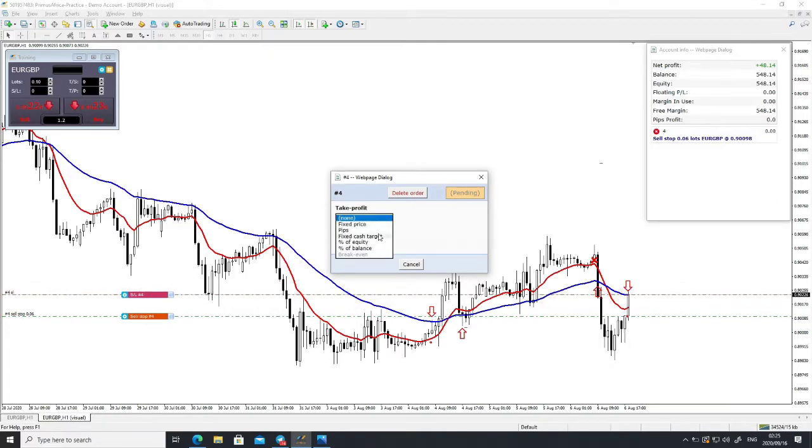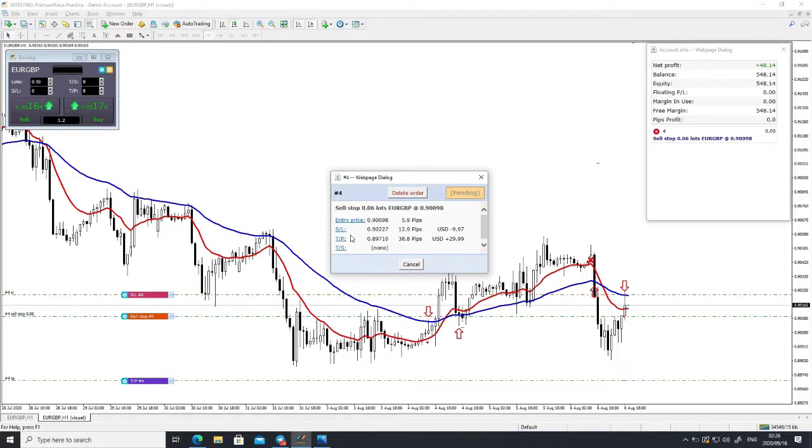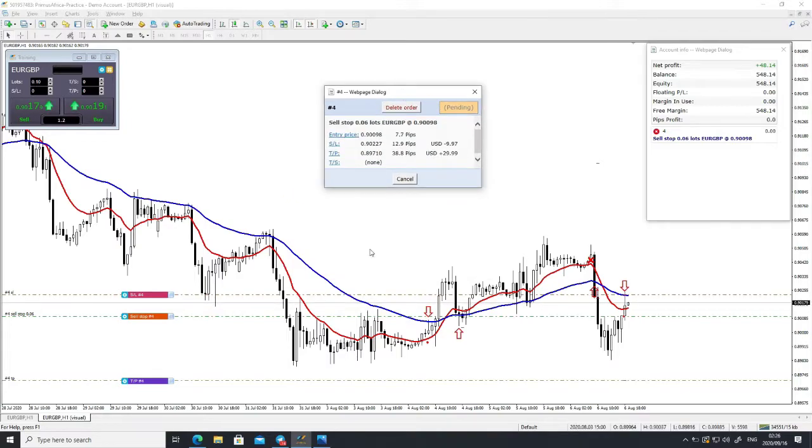So we're risking $10 to make $30. So there we go. We can still adjust. Don't forget that. Looks like they are going for the order, but they are not quite there. So they are moving back up.